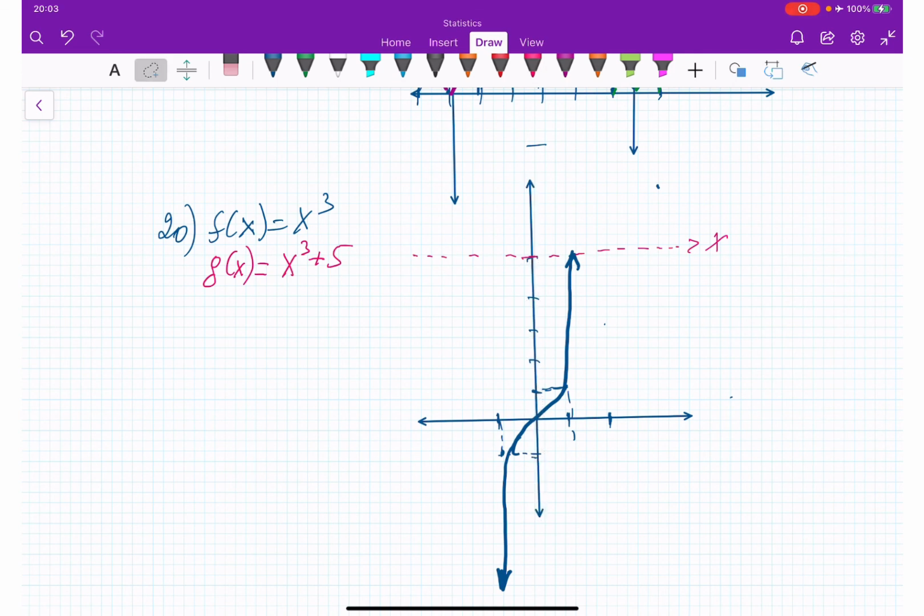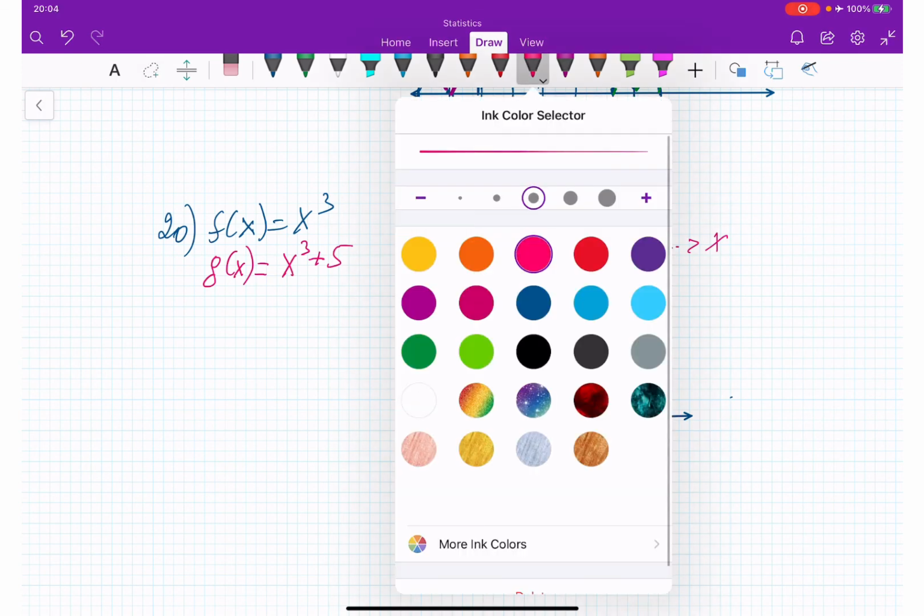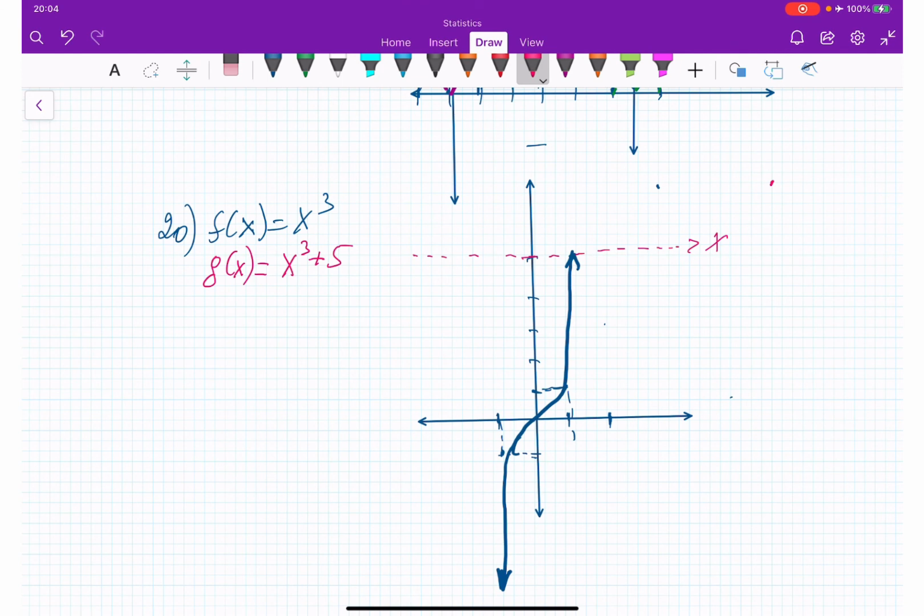Okay, so my entire graph is moving by 5. And because it's a change of y, just take it and move by 5. There we go. This is x cubed plus 5.